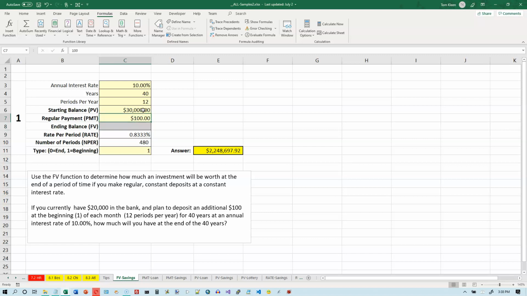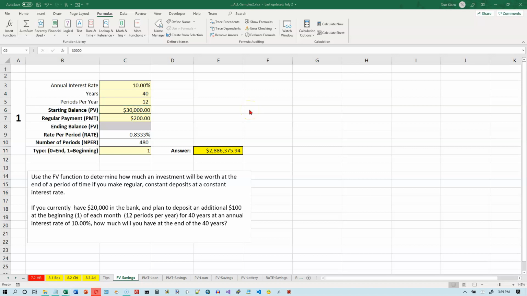If we increase our payments from $100 to $200 every month, all we have to do is change that from 100 to 200. If you want to change your interest rate, number of years, or periods per year, it's usually monthly, but if it's going to be quarterly or semi-annual or even annually, you can put a 6 or a 4 or a 2 in there. So we have just solved every single future value problem that there is. All we need to do is go back here and change these numbers to the appropriate values.